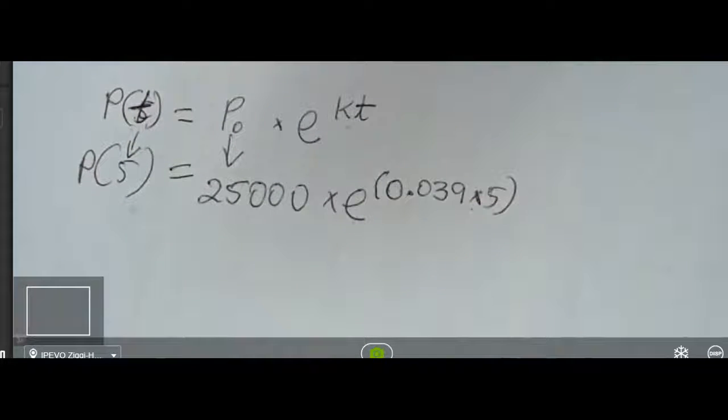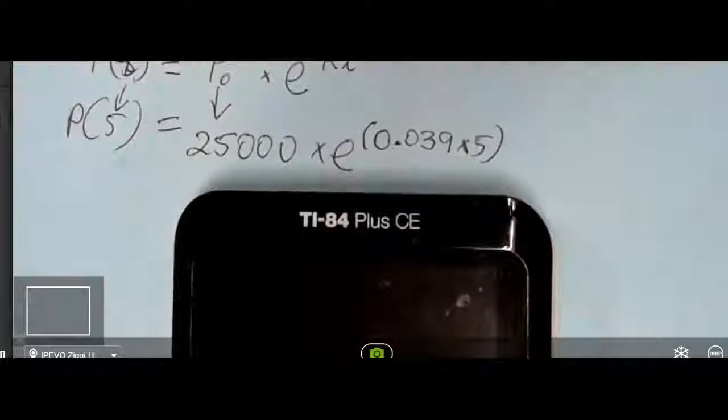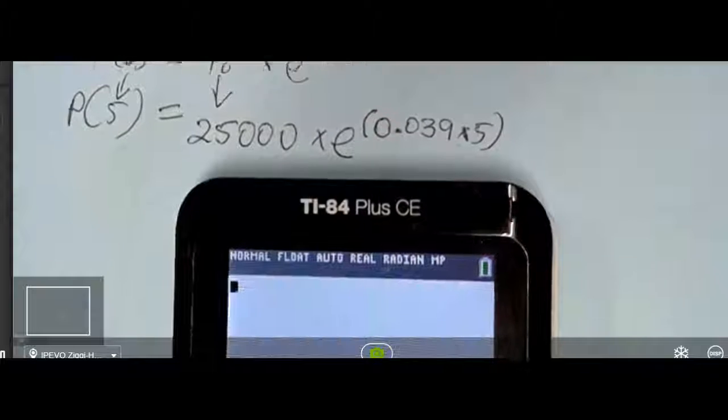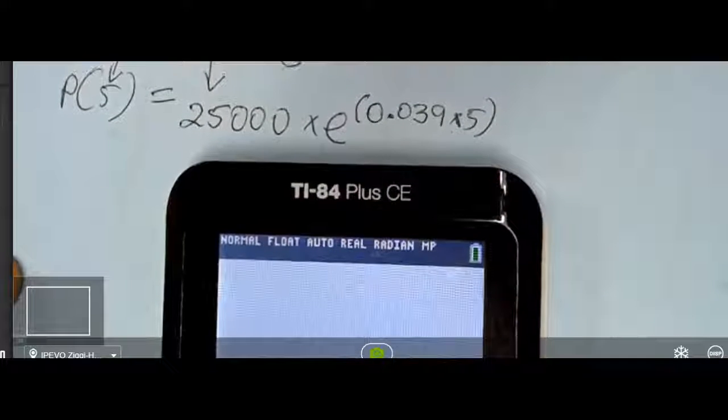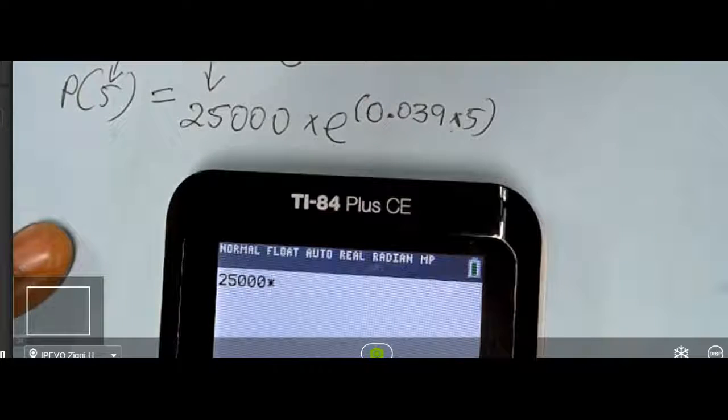So we get our calculator and plug things in, just the way it is. 25,000, times your multiplication sign. And then we put the exponent.